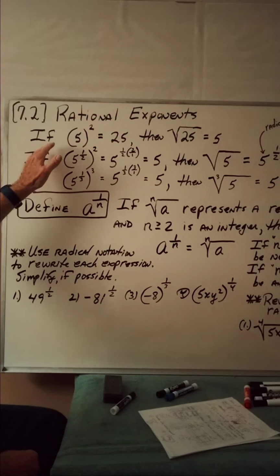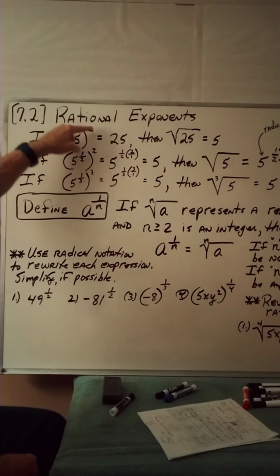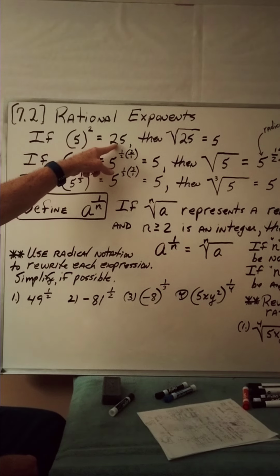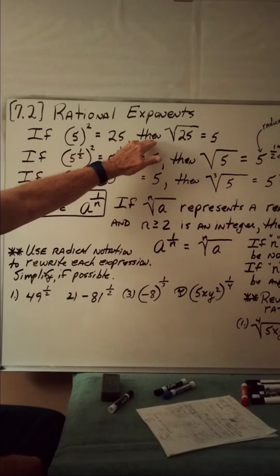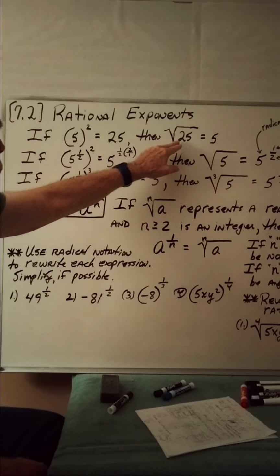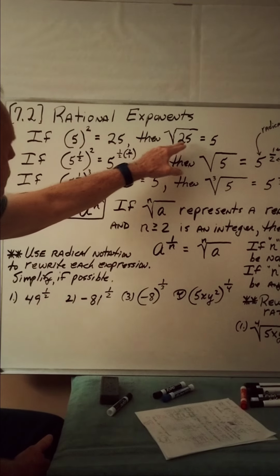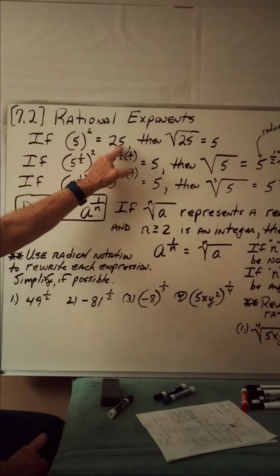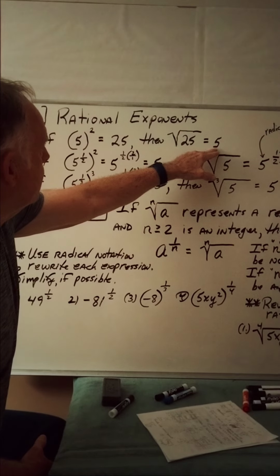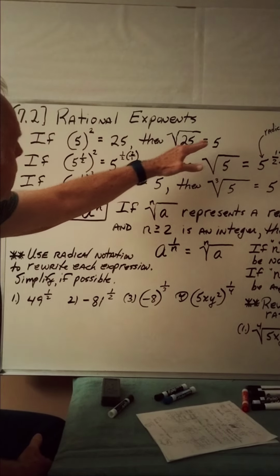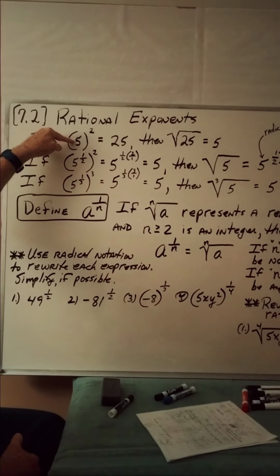For example, if 5 to the second power is equal to 25, then the inverse statement would say the radical of 25, the answer that we got from squaring 5, gives us 5, which just happens to bring us right back to the original number that we squared.